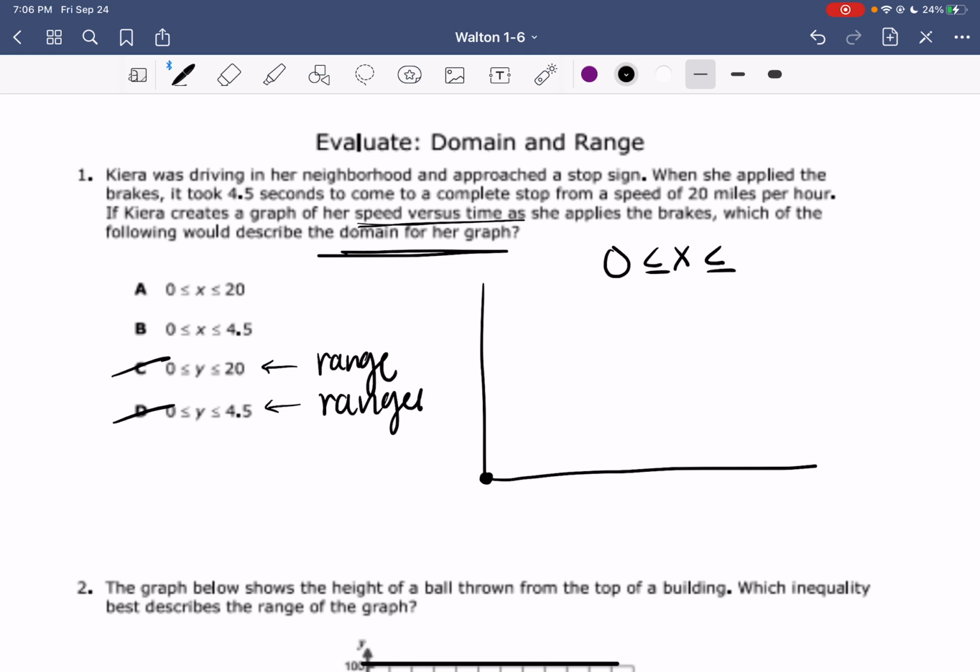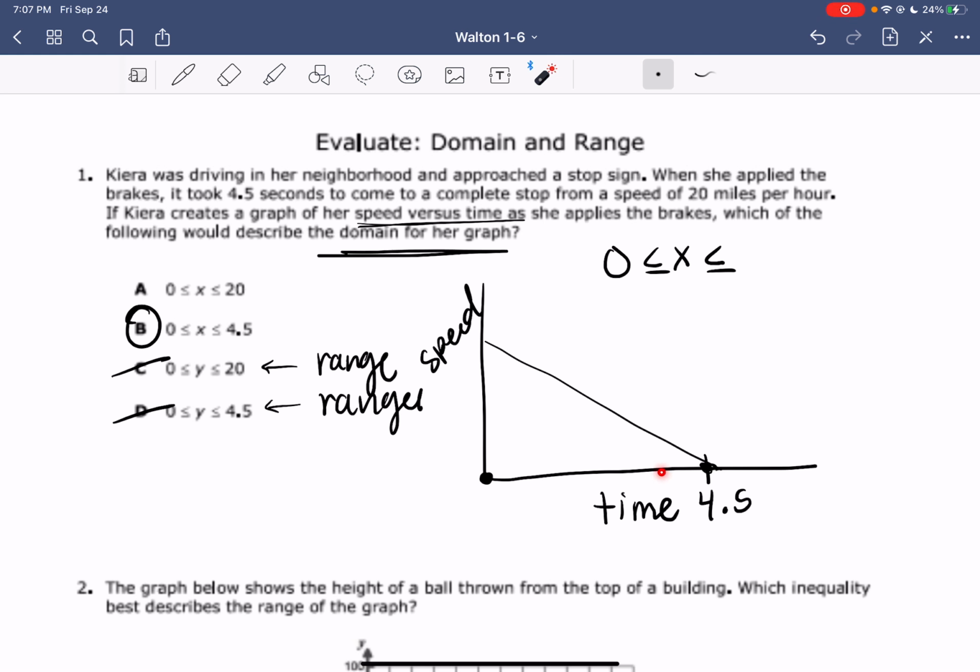It took her 4.5 seconds. So time is going to be here on the x, and speed is going to be here on the y. At 4.5 seconds, she came to a complete stop. Her speed would be going down, like this, coming down to a stop. So that leaves us with our domain being from 0 to 4.5, because that's when she completely stopped.